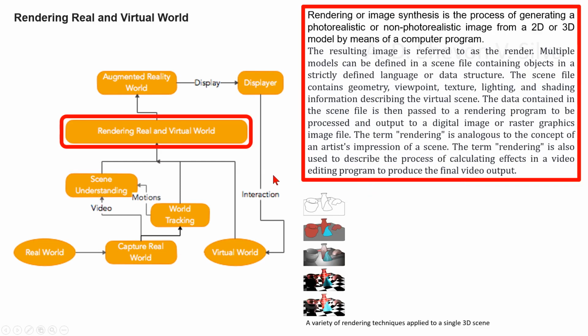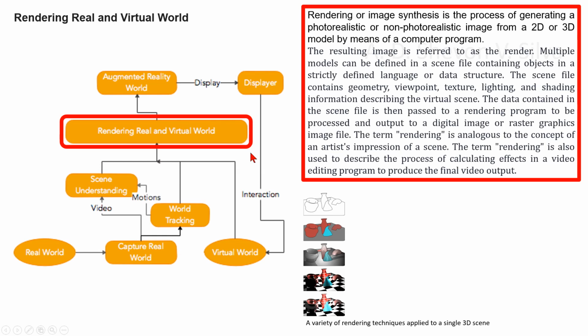Now we are focusing on rendering real and virtual worlds. Rendering or image synthesis is the process of generating a photorealistic or non-photorealistic image from a 2D or 3D model by means of a computer program. The resulting image is referred to as the render.